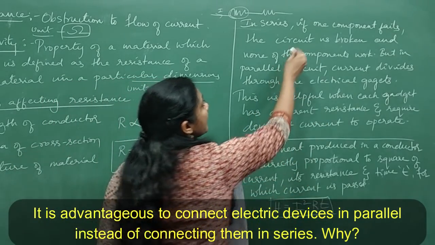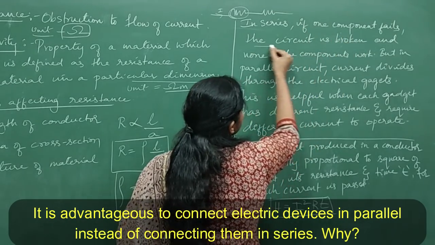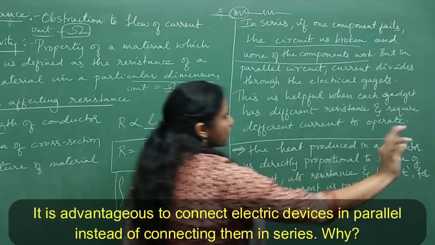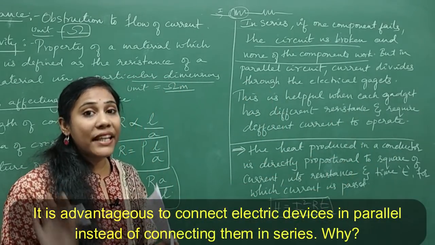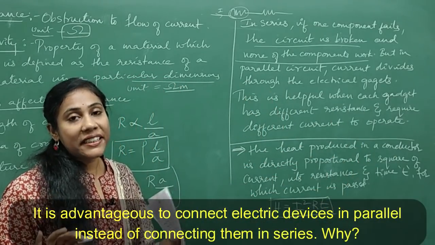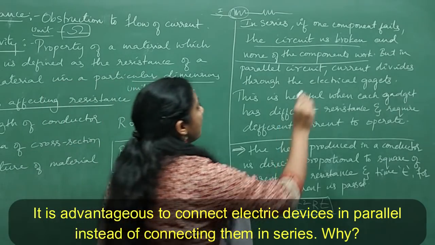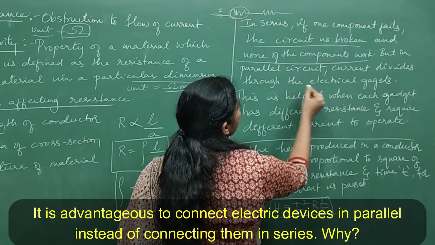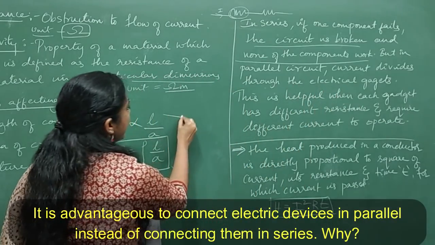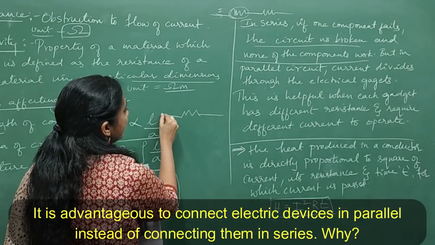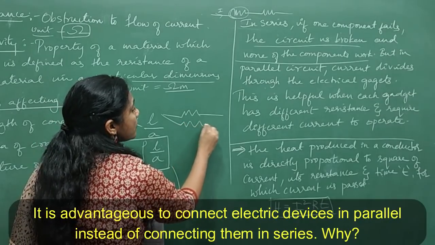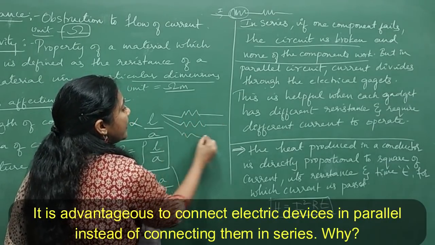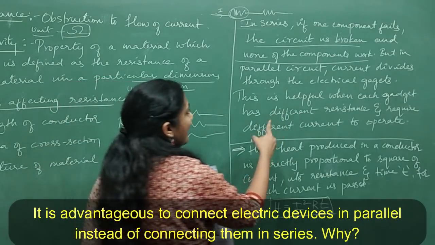That is the major problem if you connect in series. Fine. But in a parallel circuit, current divides through the electrical gadgets, isn't it? So here the current that flows is not the same through all the devices. It is different in different devices. So what will happen here?